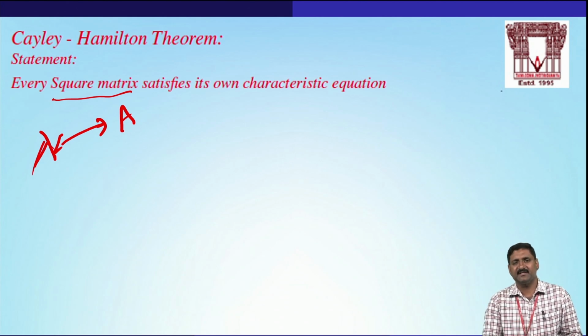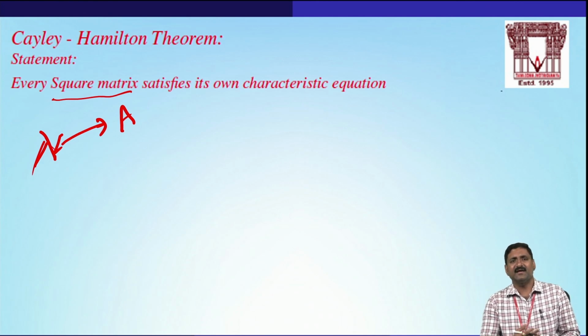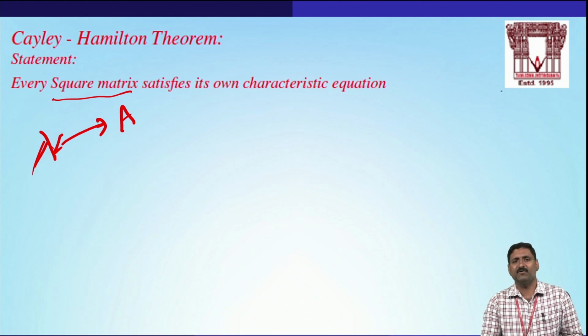We will replace lambda with capital A. So, it looks like some constant multiplied with A cube plus or minus some constant multiplied by A square plus or minus some constant multiplied by A, and the constant term multiplied by I. Here, what is I? The order of the identity matrix depends upon the given matrix order. If it is 3 by 3, we will write I3.